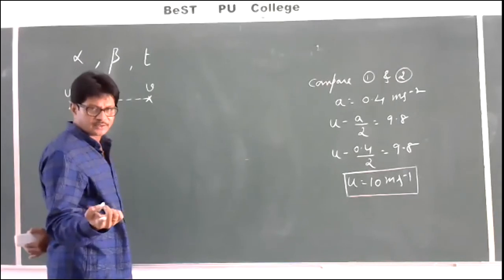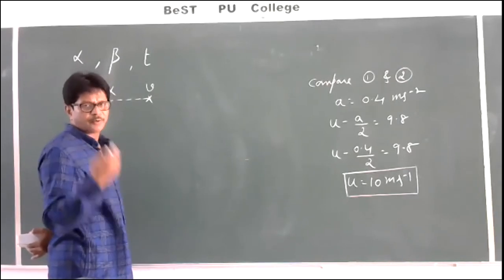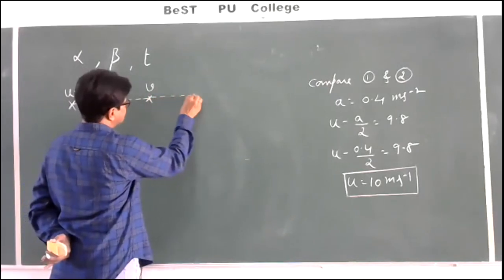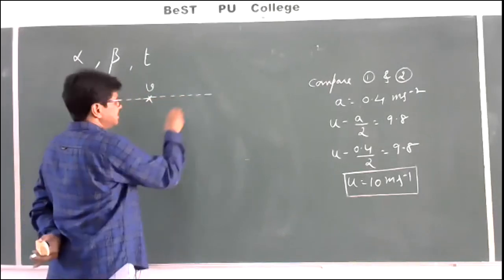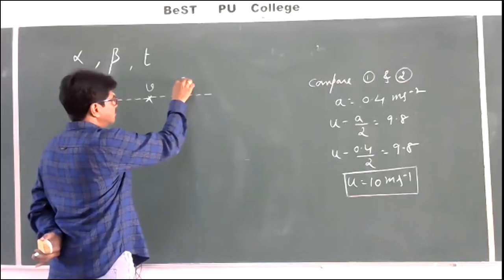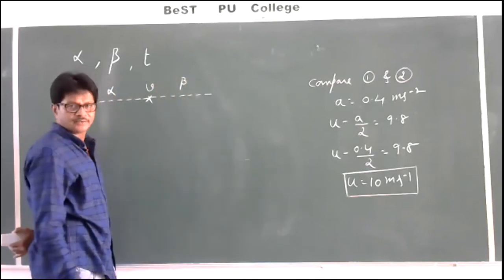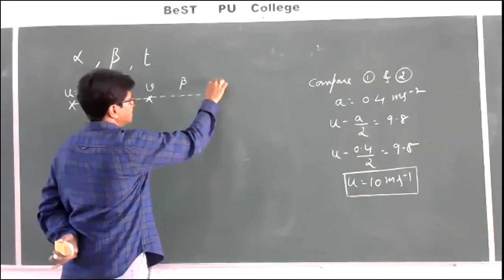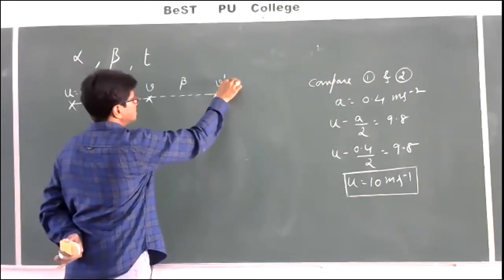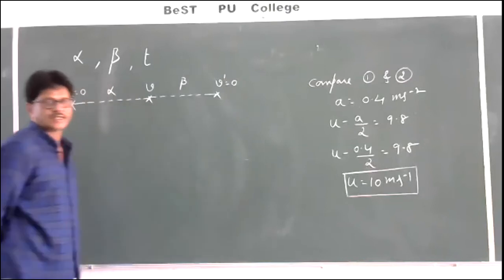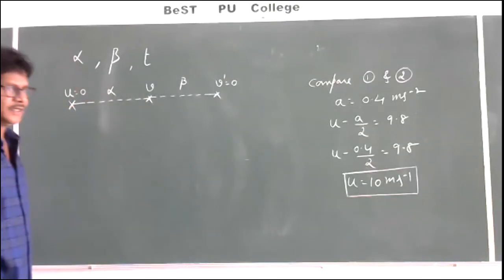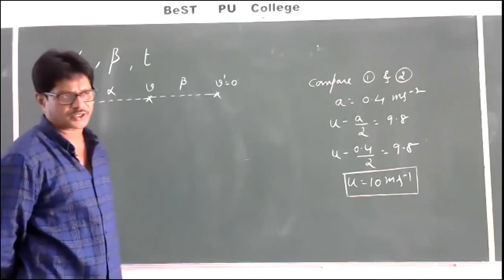Deaccelerates is nothing but its velocity will keep on decreasing, at the rate beta, until it comes to rest.